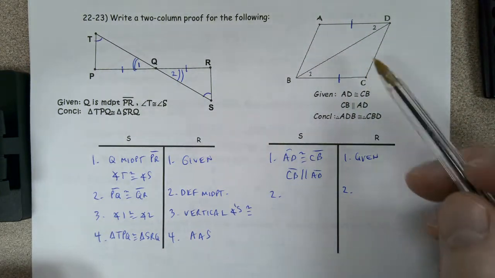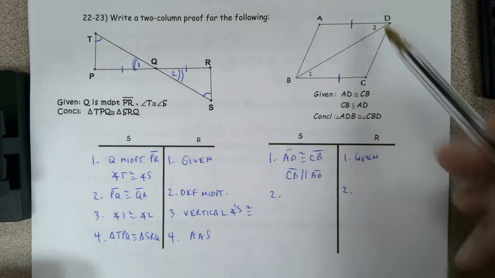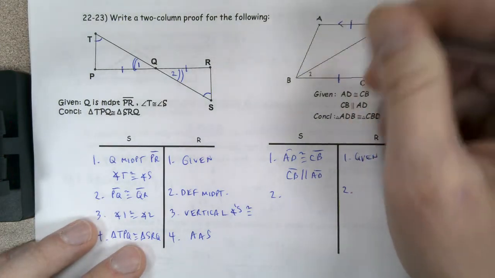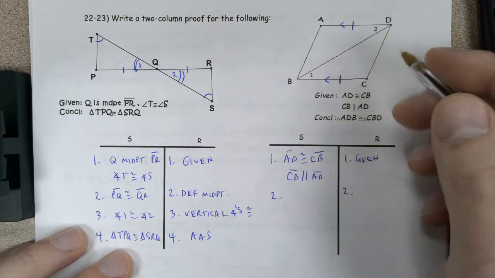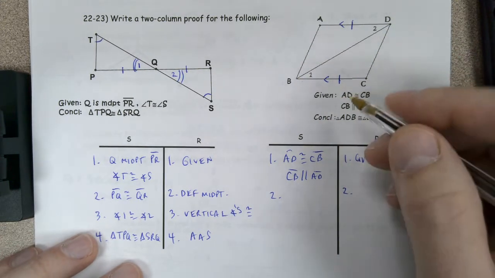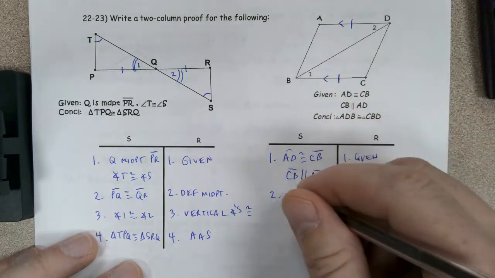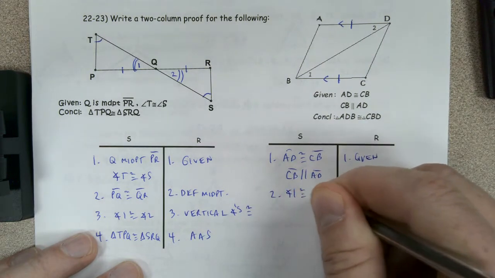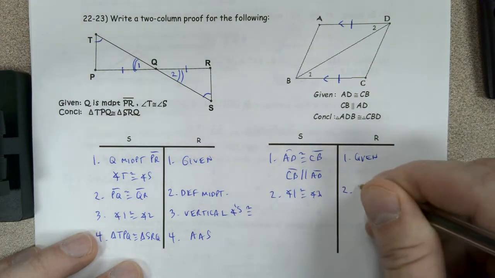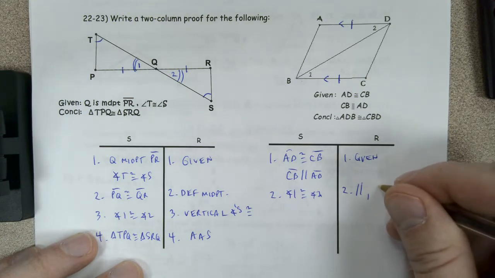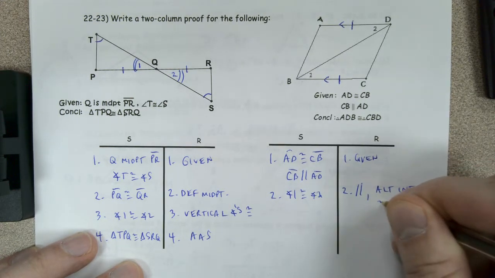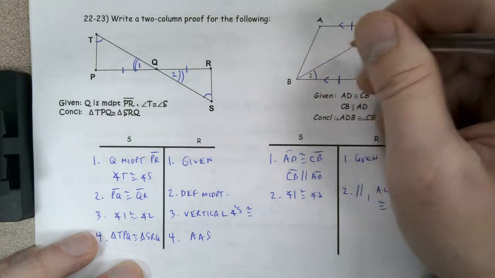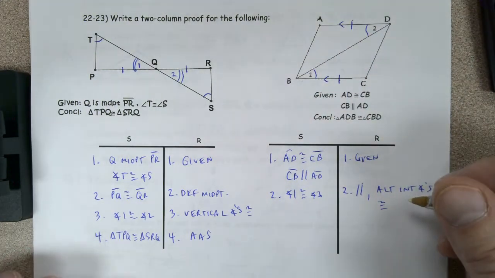Now, because CB and AD are also parallel, we can think of this as being our transversal. So I could now state that angle 1 is congruent to angle 2, because if lines are parallel, alternate interior angles are congruent. So I'm going to mark 1 and mark 2.